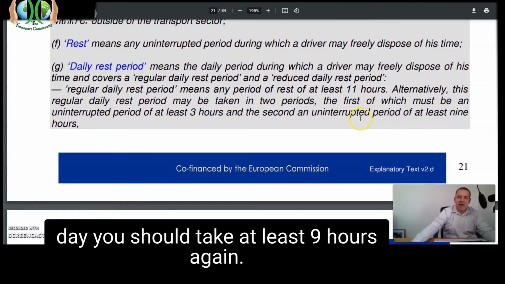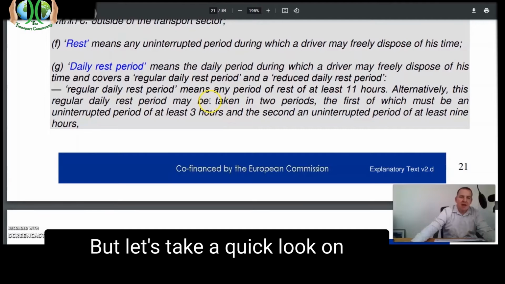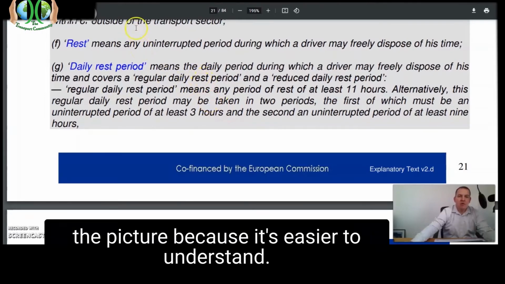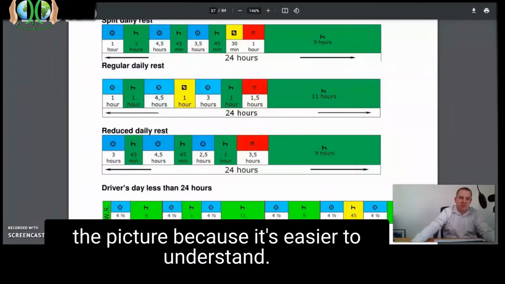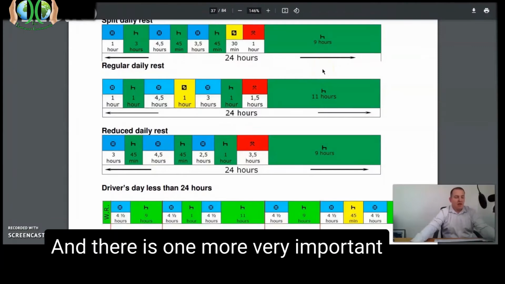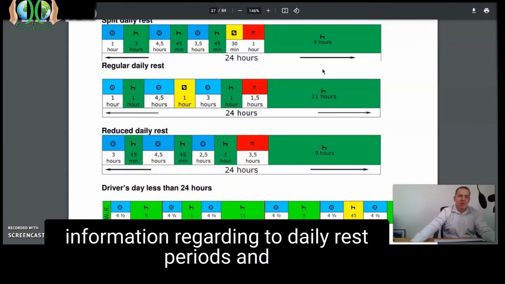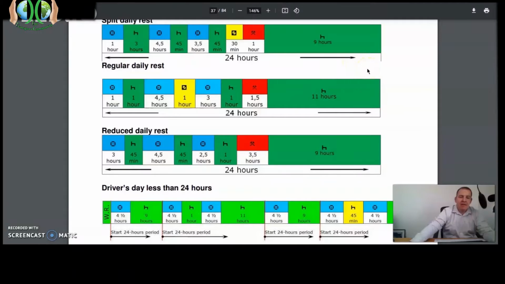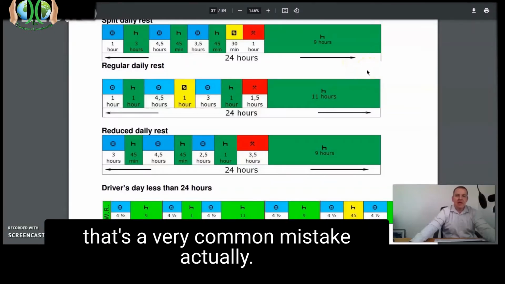You should take at least 9 hours again. But let's take a quick look at the picture because it's easier to understand, and there is one more very important piece of information regarding daily rest periods, and that's a very common mistake actually.